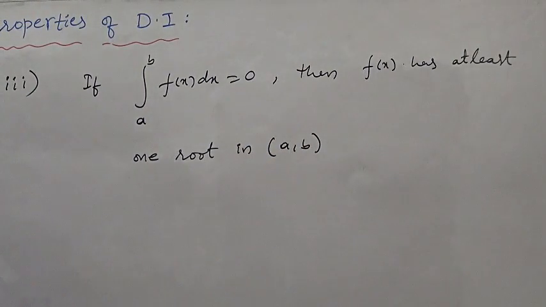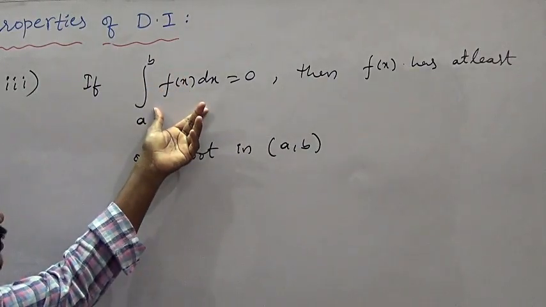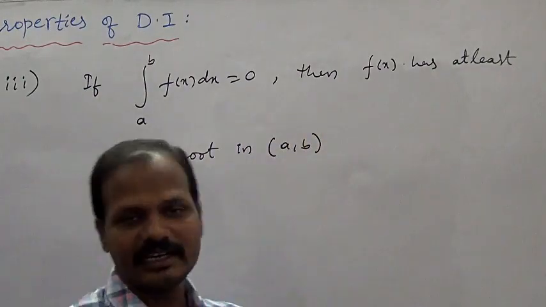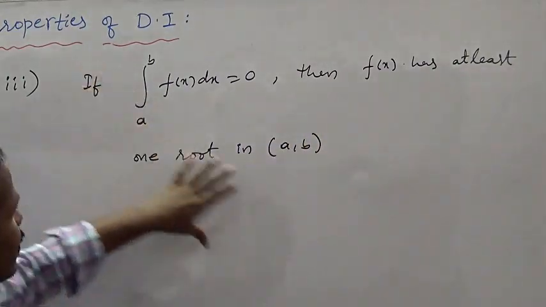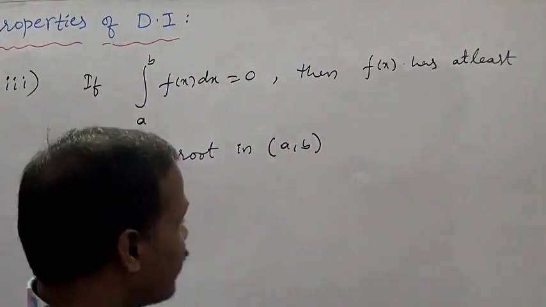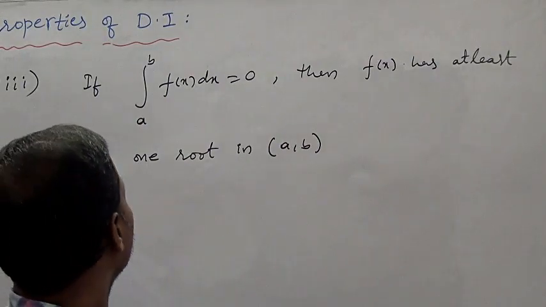Understood? If the integral of the given function is 0, then the function has at least one root in this interval. That means this function becomes 0 for at least one value in this interval. So that is the property.